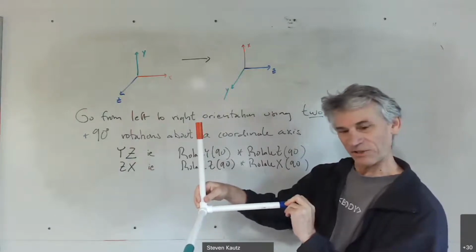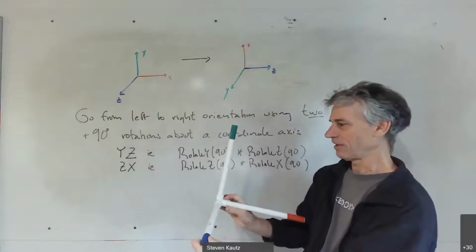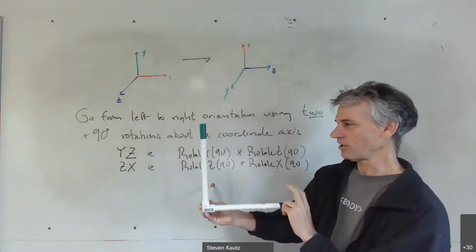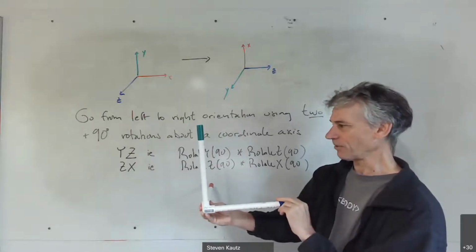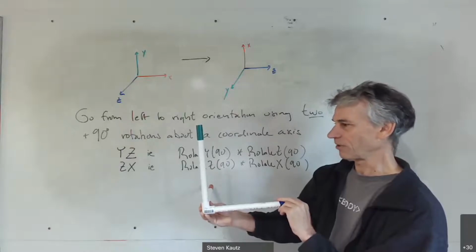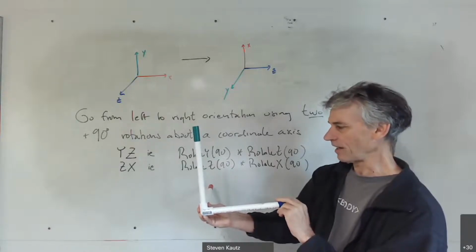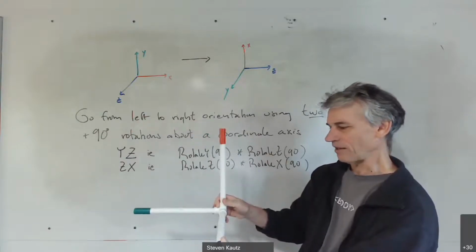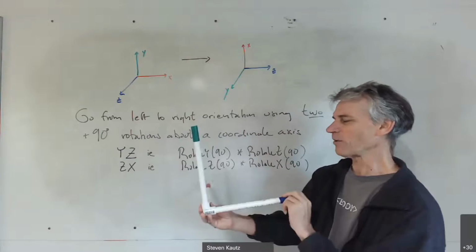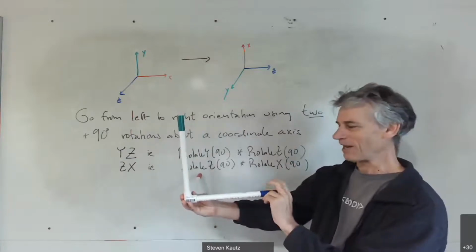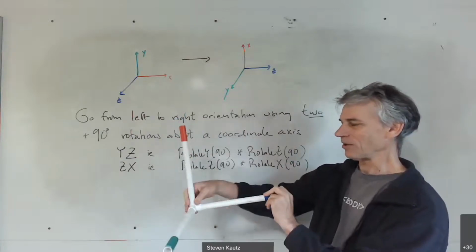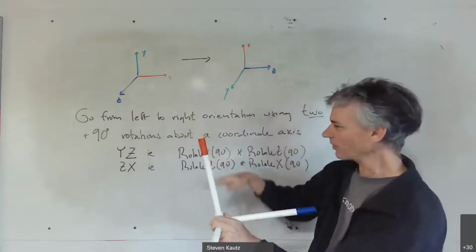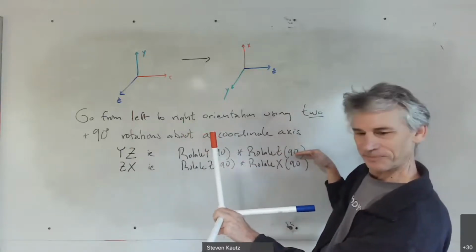Right? That should certainly work. So y rotation, and then this would be an x rotation on the left, or a z rotation on the right. Now the y rotation followed by the z rotation on the right, we've actually already described it here.